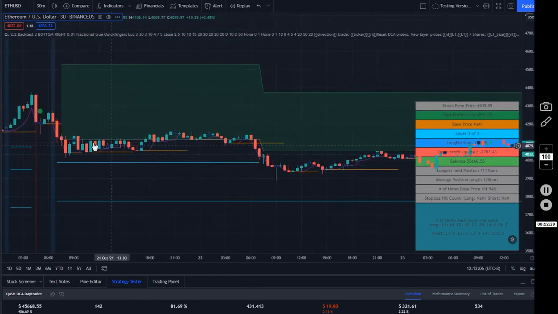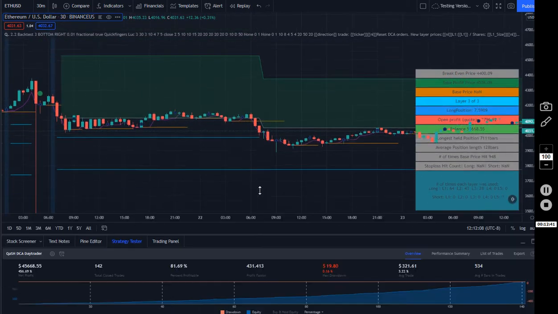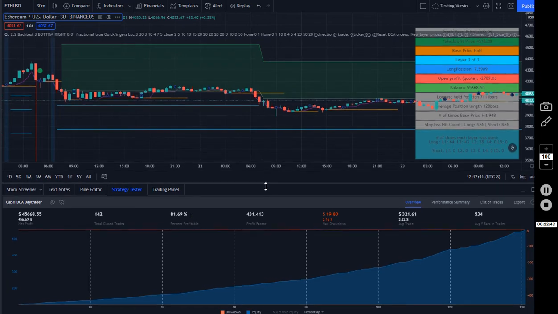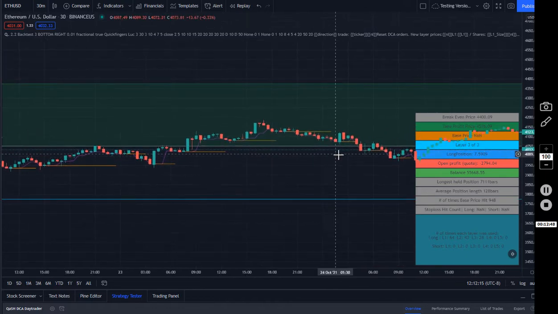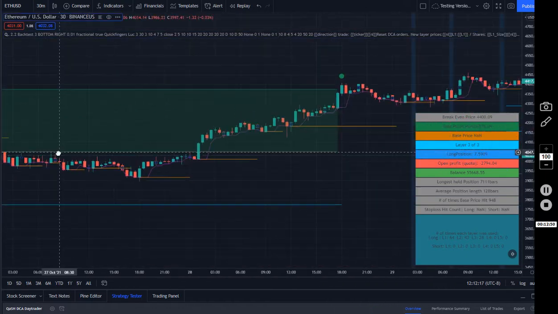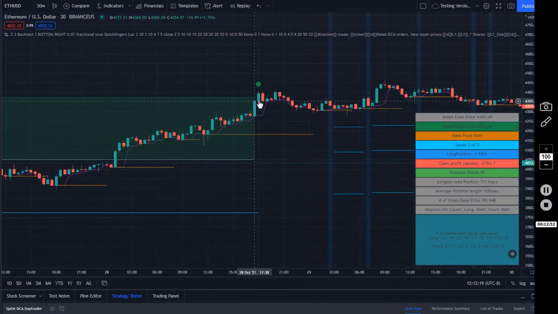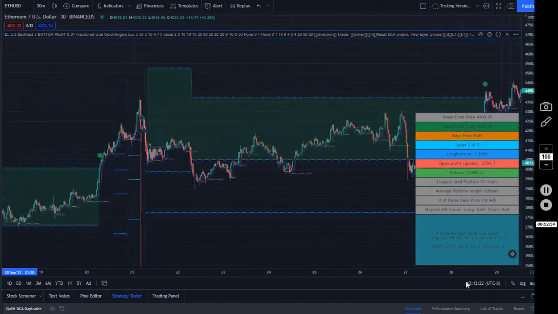So now what this 81% does is it counts that as 2 trades. So there's a trade here and there's a trade here, and it's saying that both of them closed in profit because price was above both of them when it took profit.